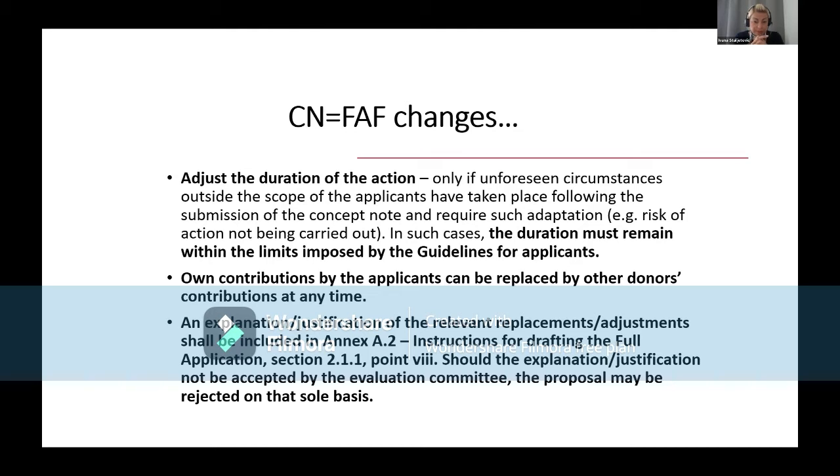Any of these changes will have to be included in Annex A2, which is the full application, so in the second stage. What is important to stress here: if your explanation or justification is not accepted by the evaluation committee, if it's not convincing enough, the proposal may be rejected on that sole basis. So take that into account.